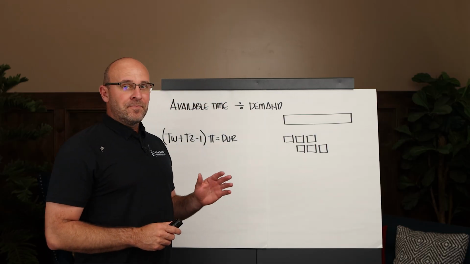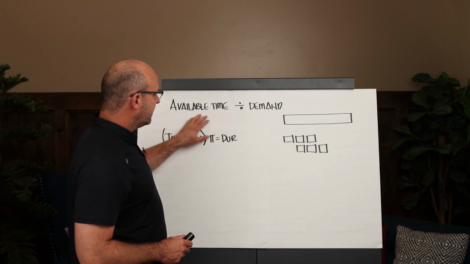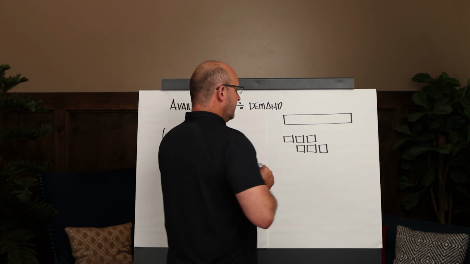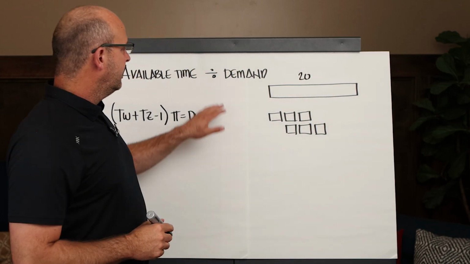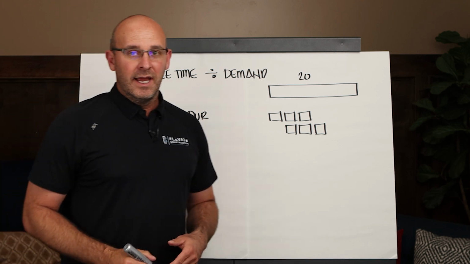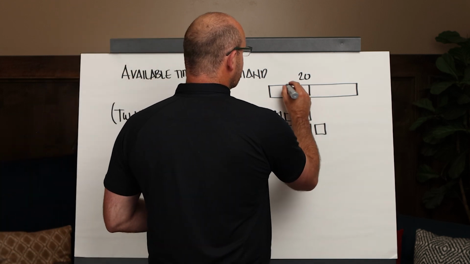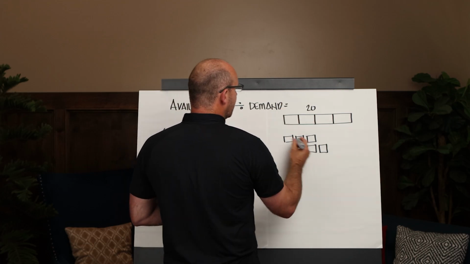The typical manufacturing definition of takt time is the available time that you have, and I already drew a little bit of a sketch here. Let's say that you had 20 days to produce something, and then that's divided by the demand, and you have 4 things to make. So you would split this into the 4 things, and that would equal your takt time.